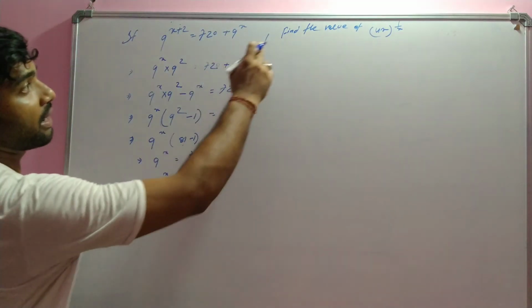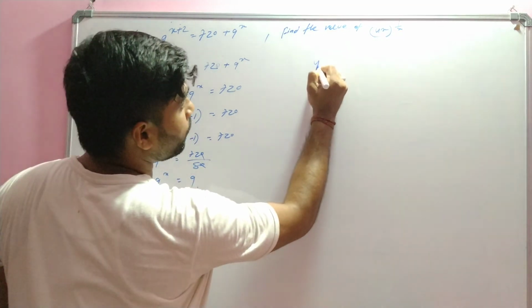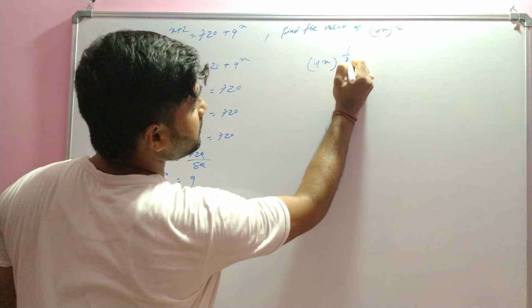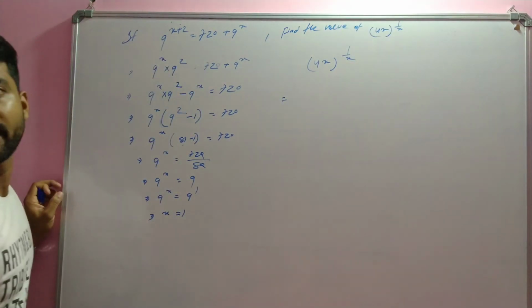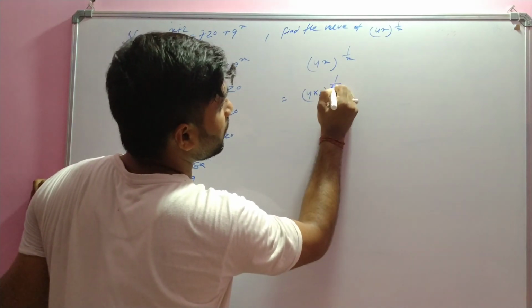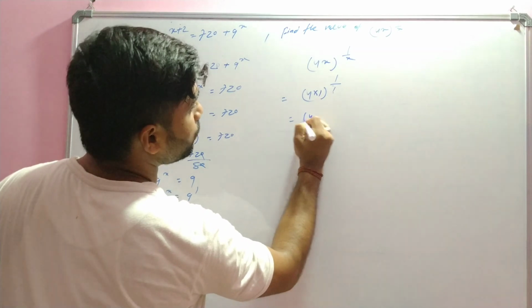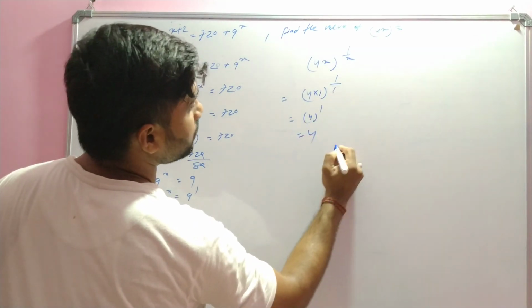Question given, find the value of 4x to the power 1 by x. So put the value of x as 1: 4 into 1 to the power 1 by 1. That means 4 to the power 1. Answer is 4.